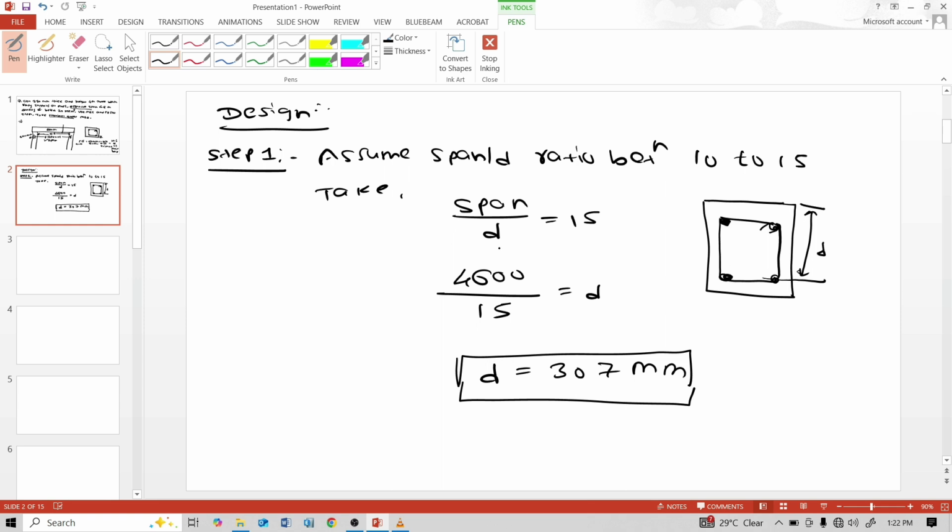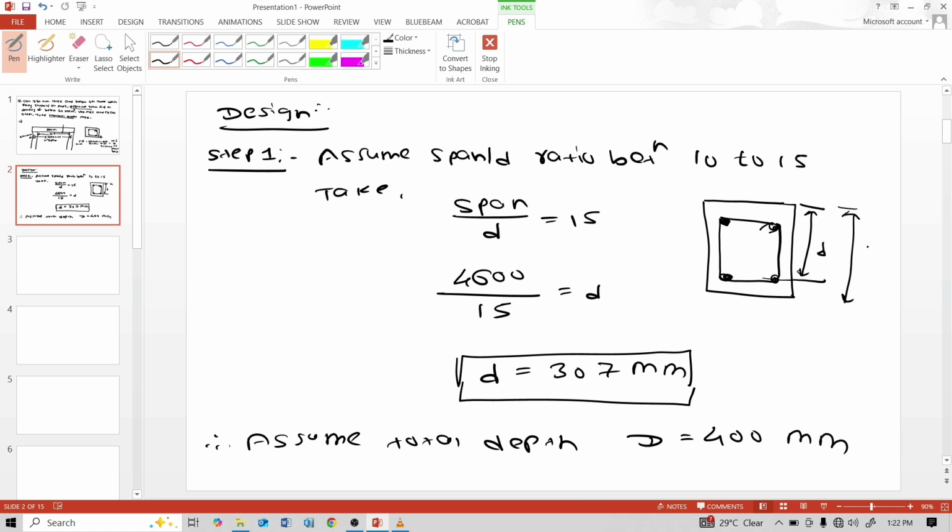We see next slides this distance also. So assume total depth capital D equal to 400 mm. Total depth capital D.